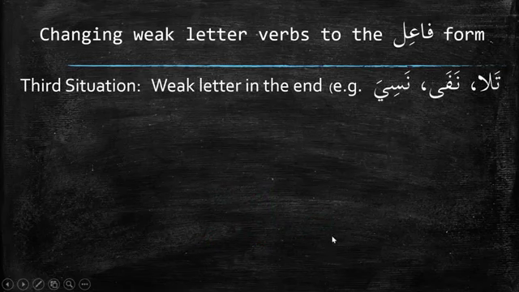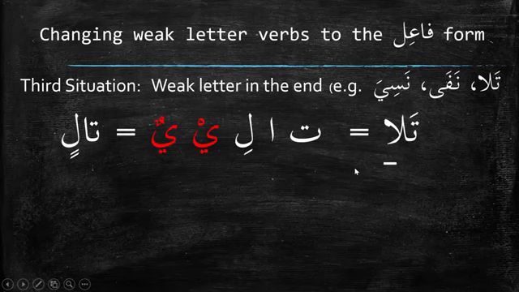Now, how do we deal with it when it comes at the end? So again, here's what happens. We have the tala, and we said that alif mamduda actually means that there's a waw there. Now, because of this kasra, that waw can't stay there, because the weak letters are so weak they're easily affected by the harakat that come in front of them.